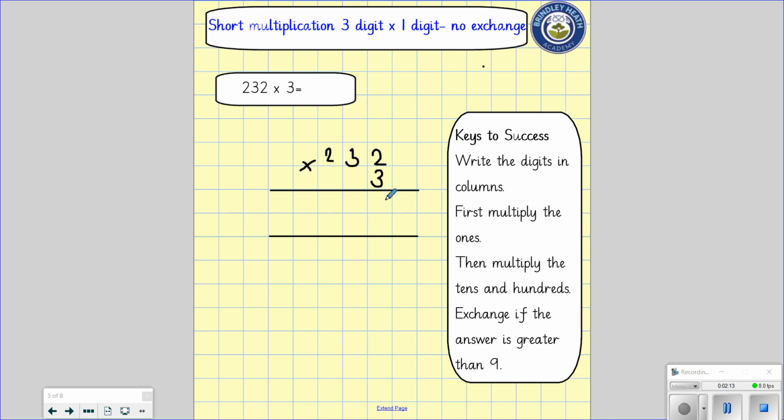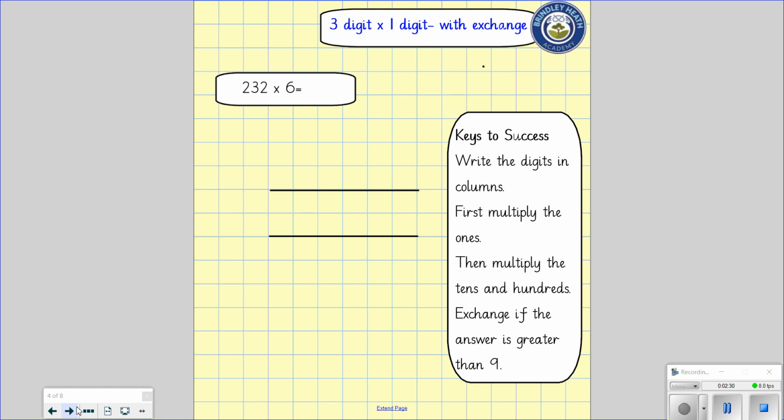So 3 times 2 is 6, then I'm multiplying the tens. 3 times 3 is 9, and finally 3 times 2 is 6. So the answer to my calculation is 696.